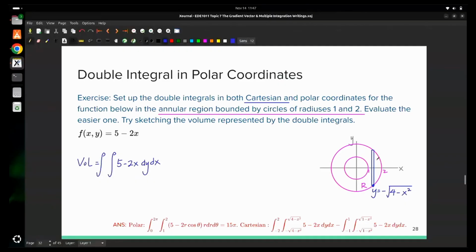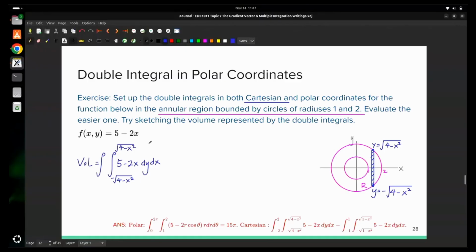Your element must run from the lower bound all the way to the higher bound. This is your Cartesian element, the vertical one. So this lower limit must be from minus root of 4 minus x squared all the way to this point, which is y equals positive root of 4 minus x squared.